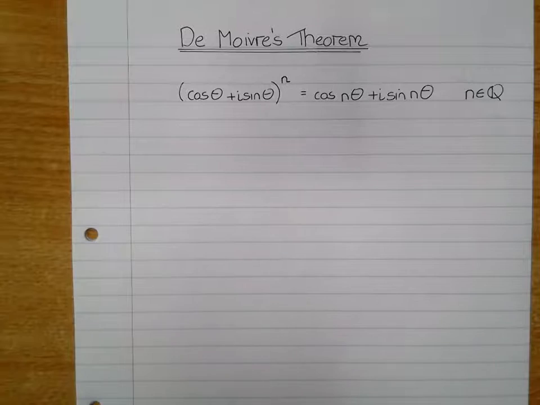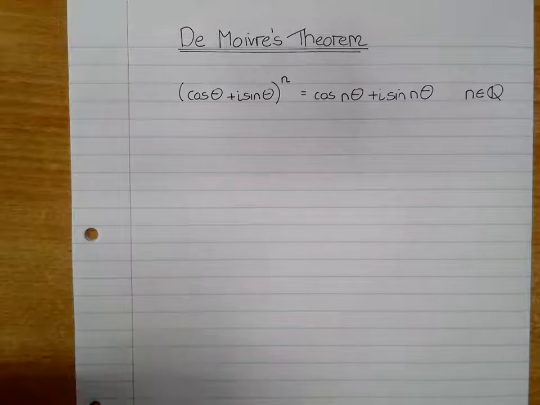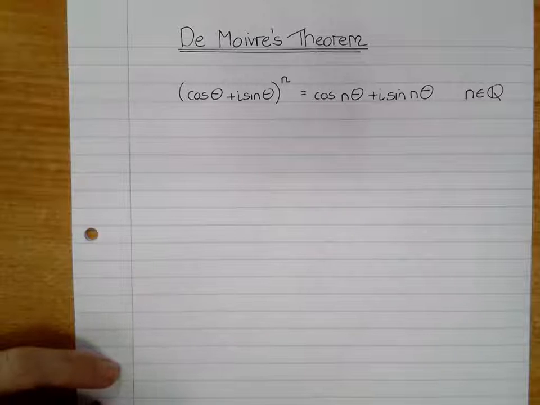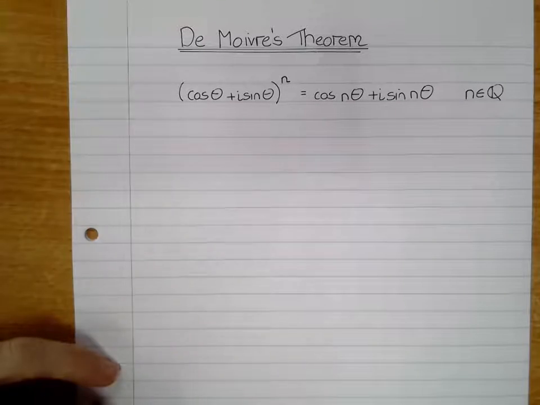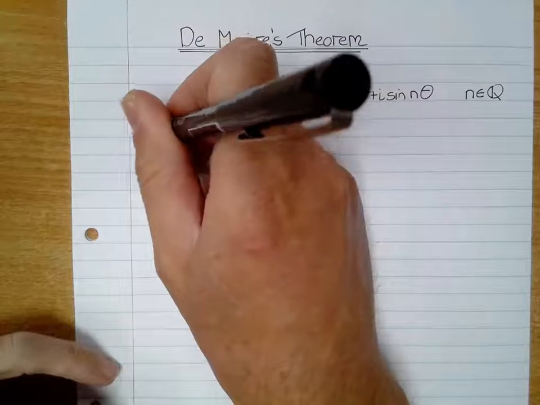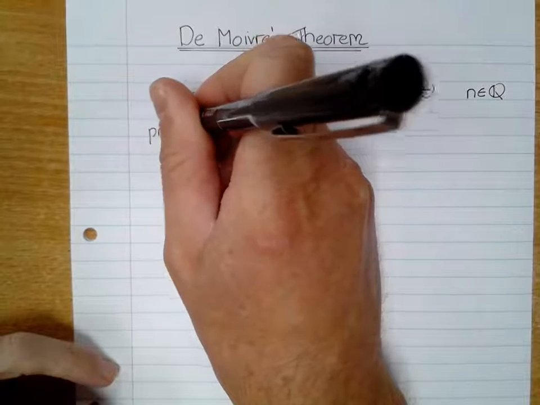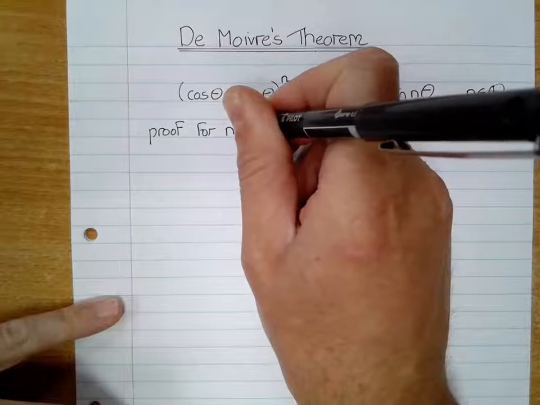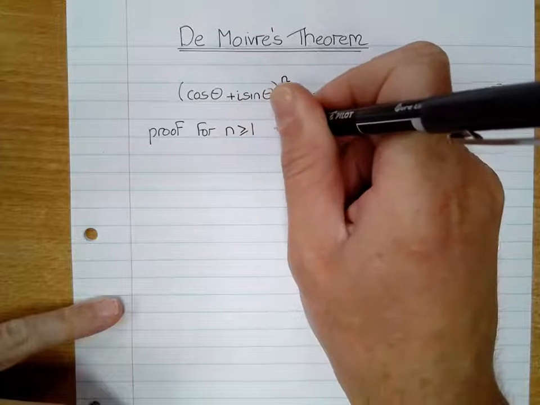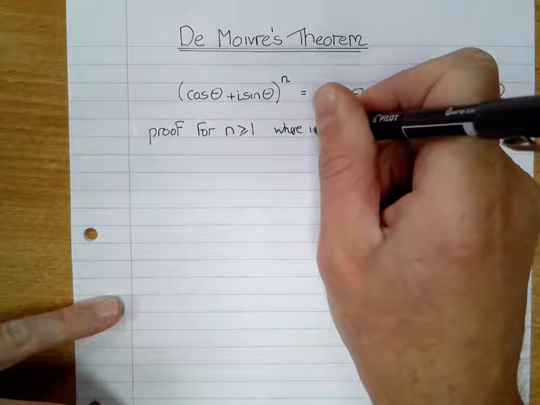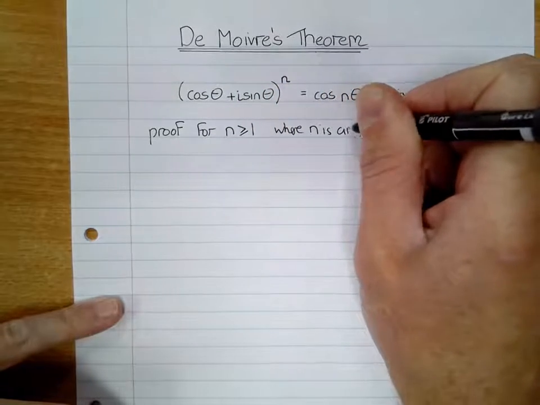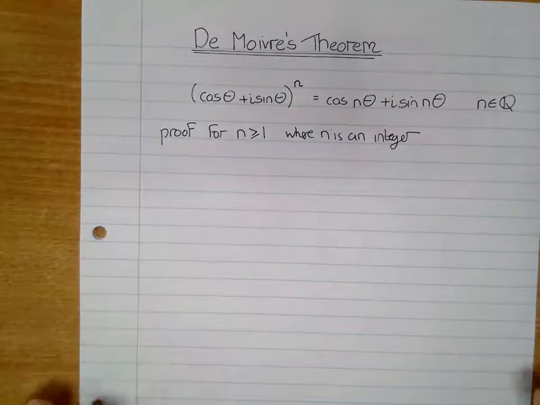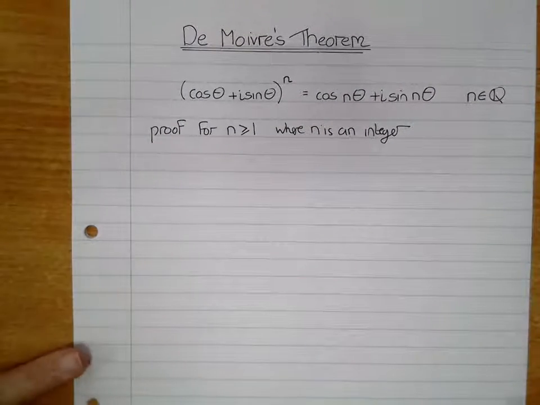So in the exam, you have to be able to prove this, but only for the case where n is an integer greater than or equal to 1. I'm going to go through that proof now, but the result, like I say, does actually hold for other values as well.